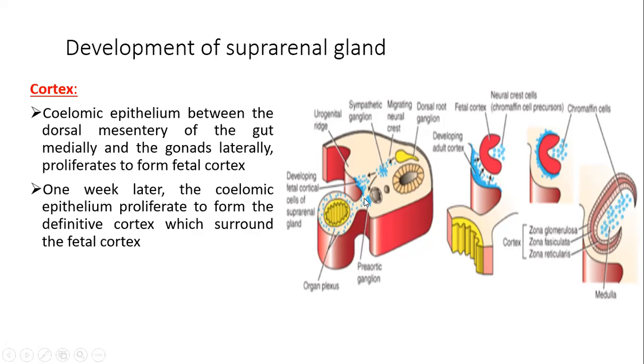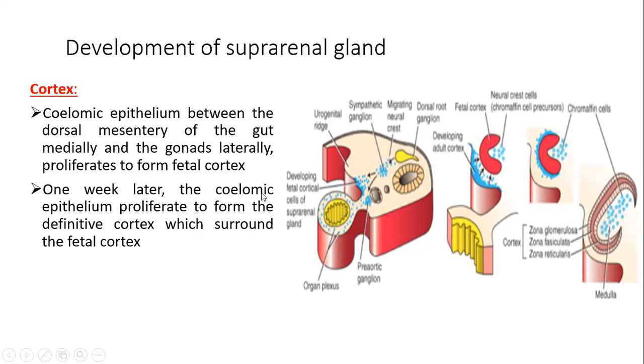So if you see here, initially there is development of the fetal cortex. This is the fetal cortex here. Now it is modified to form this. So here is the fetal cortex, and this is the adult developing cortex. Now, once the developing cortex is formed, the fetal cortex is absorbed, and the whole of the thing is covered by the adult cortex.